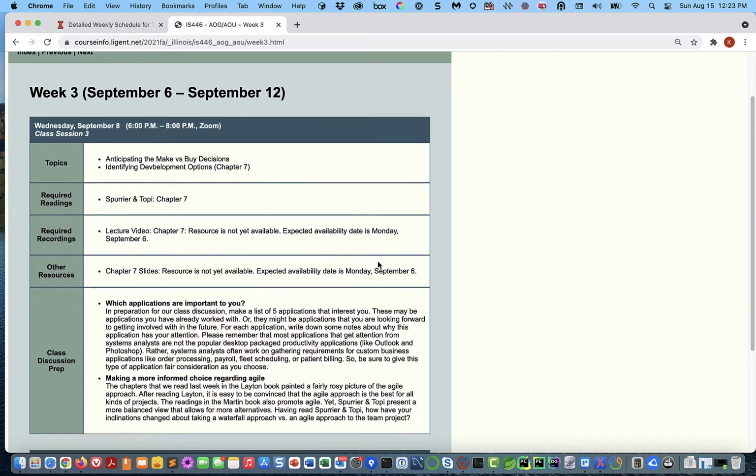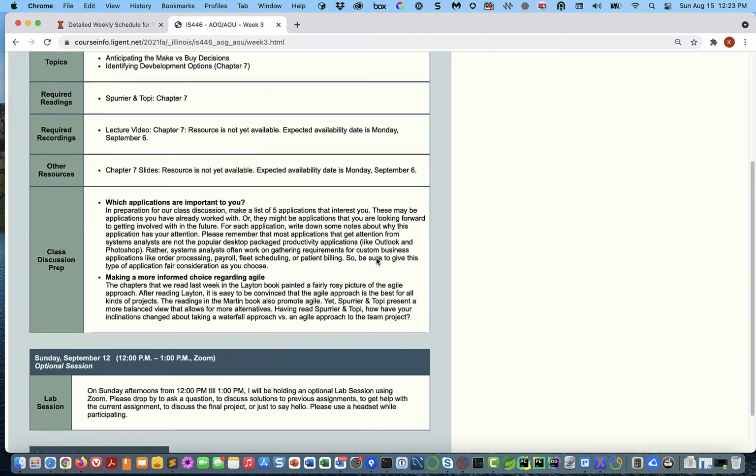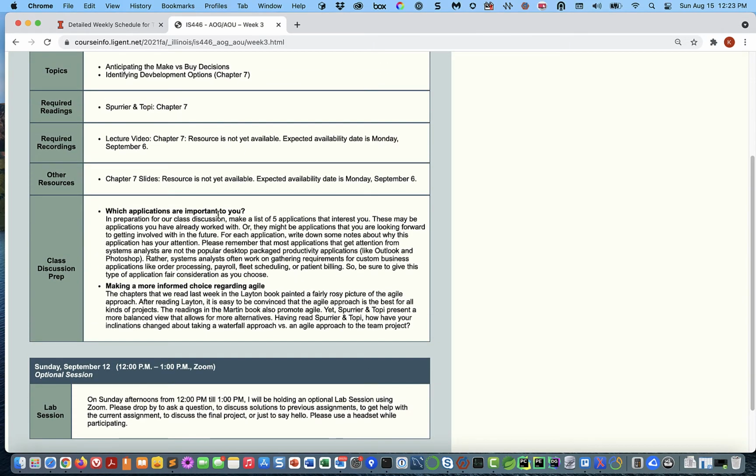Okay, and our decision is going to be what kind of things are important to you? What software are you likely to be looking to do systems analysis for, the making or the acquisition of that software?